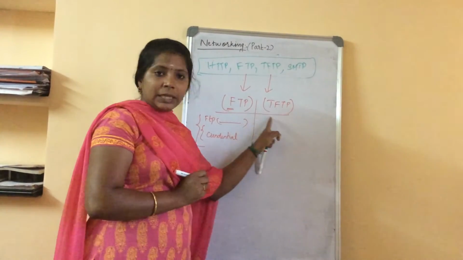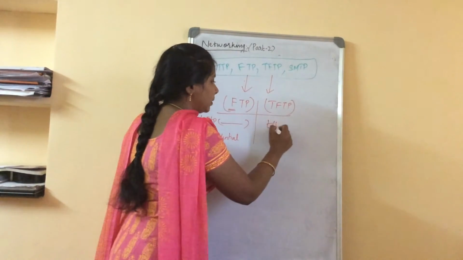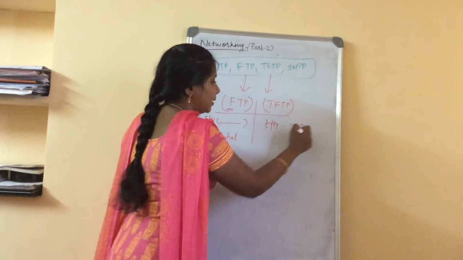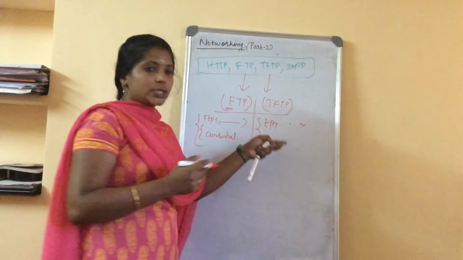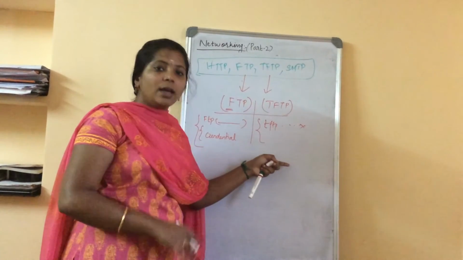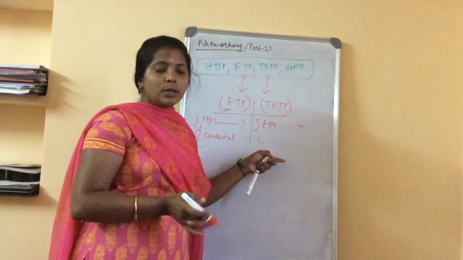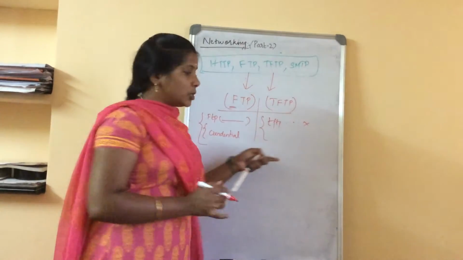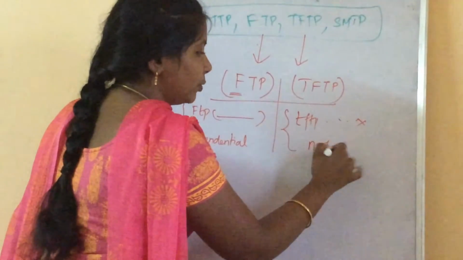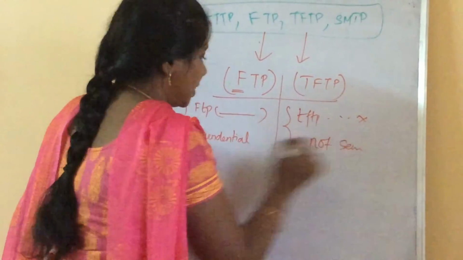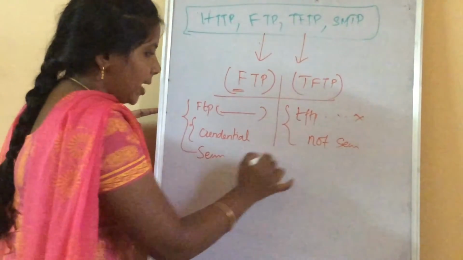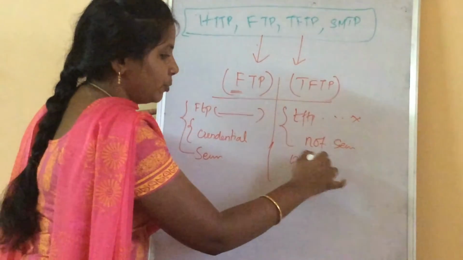But in TFTP, if you enter some particular IP to that location and want to fetch any file from it, it will not ask you for the username and password. So this is not a secured protocol, and FTP is a secured protocol.